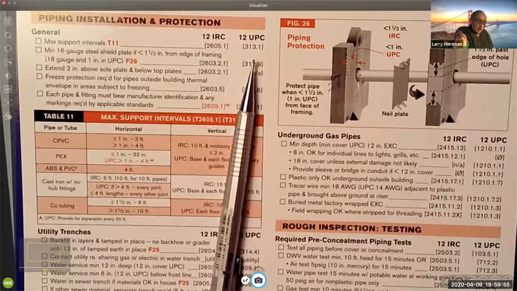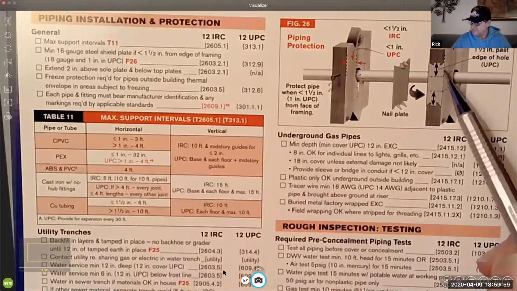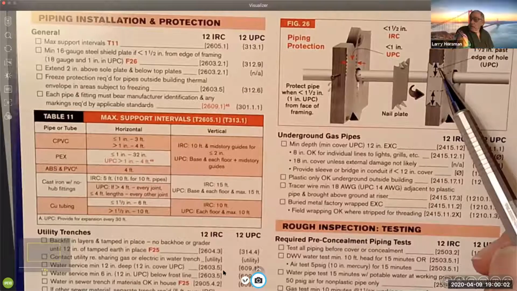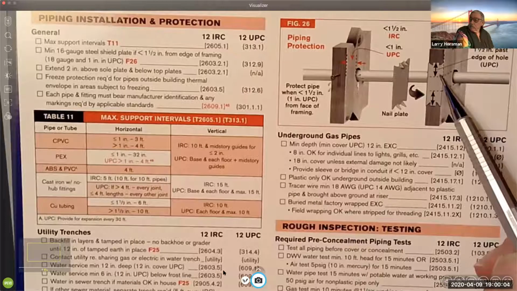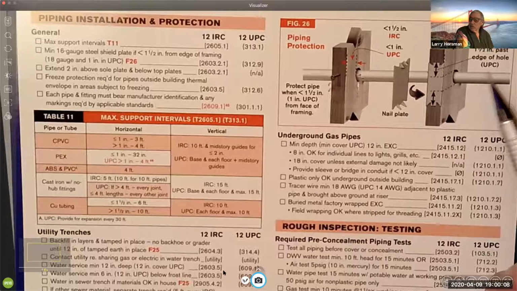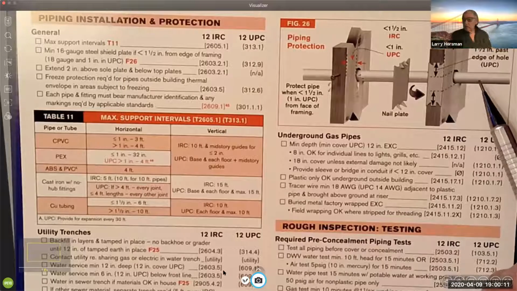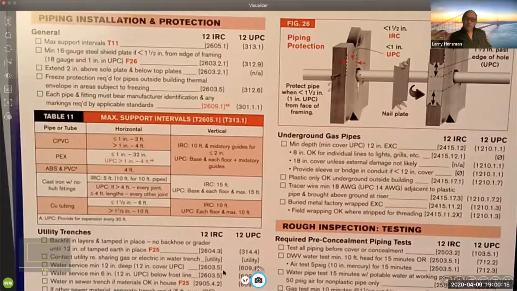So right here, if you look slowly, see that? They're looking at the metal plate, and they're showing the extension required above and below the pipe, 1.5 inches. So that's a vertical offset. The one on the left, they're just showing you the horizontal distance from the face of the stud back to the pipe.